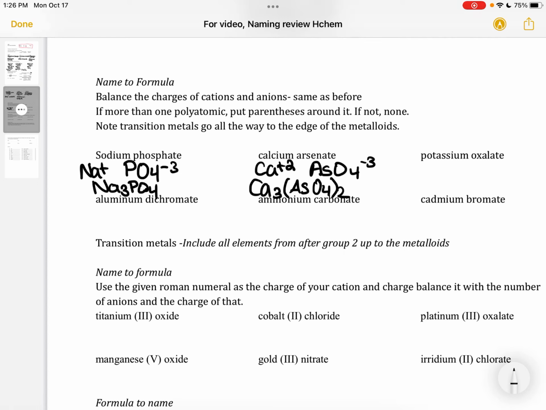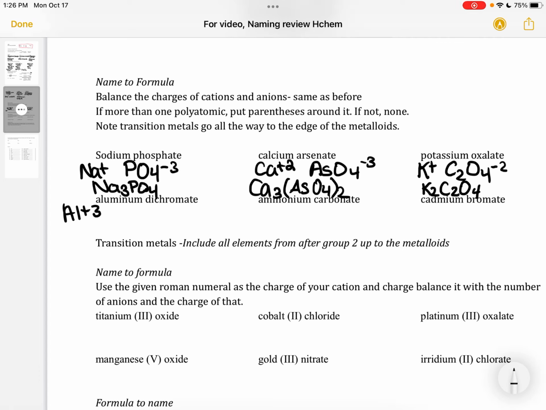Potassium oxalate. So K is a +1. Oxalate is this, C2O4 -2. So since K is a +1, oxalate's a -2, I'm going to need 2 Ks, K2C2O4. Aluminum dichromate.